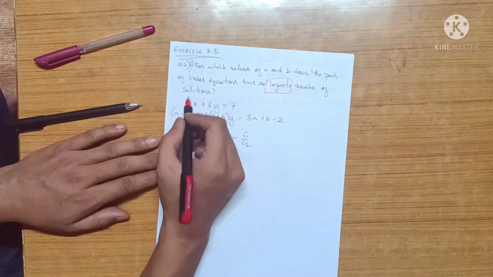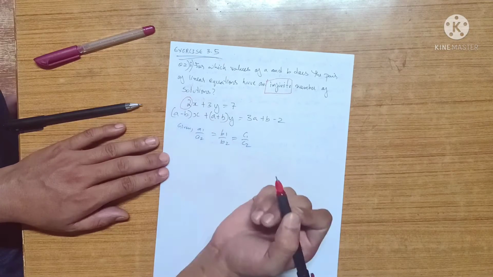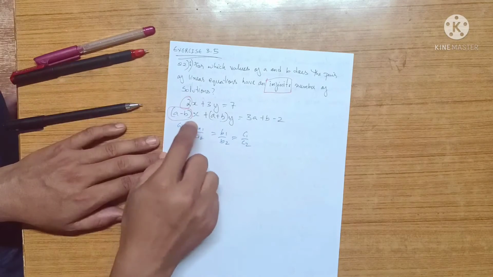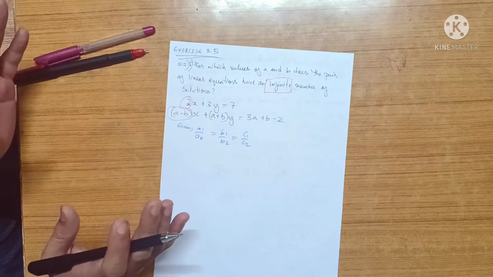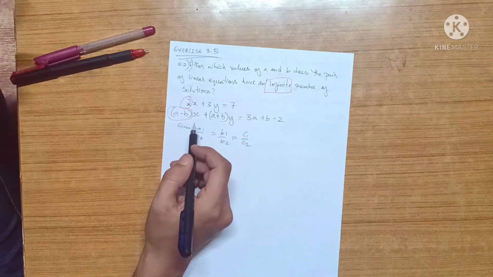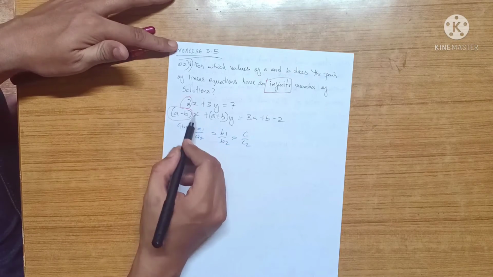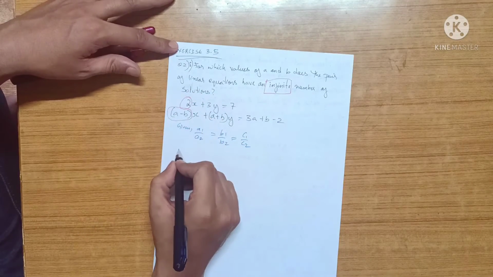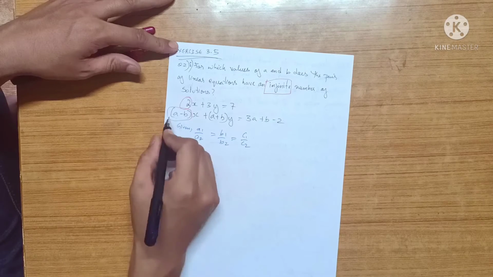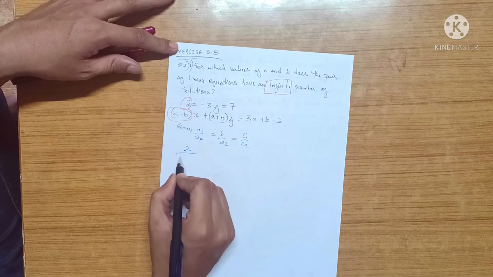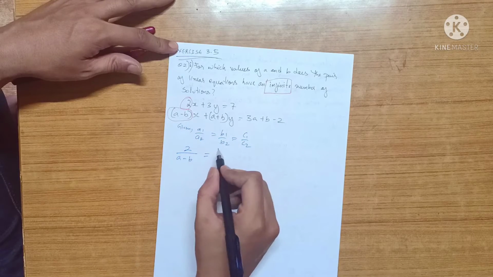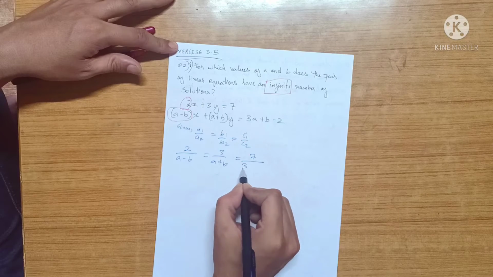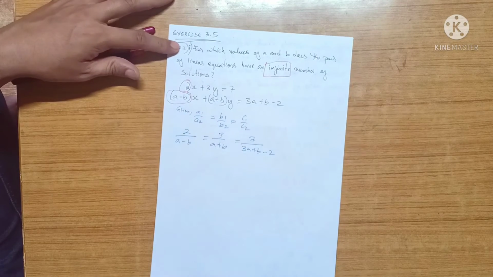Remember, a1 is anything that is attached to x, and a2 is anything that is attached to x in the second equation. So it doesn't matter what it is; it may be a b c d whatever, as long as it is attached to x. So instead of a1 I can write 2, instead of a2 I can write a minus b, because a minus b is attached to x. Got it? So 3a plus b, 7, 3a plus b minus 2.